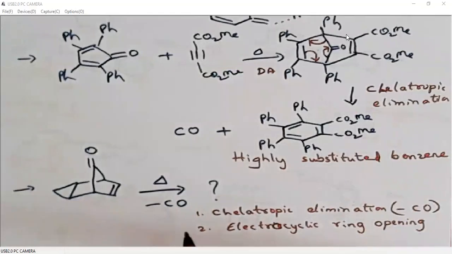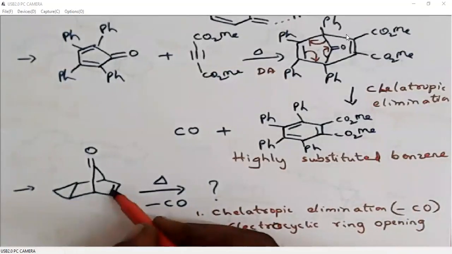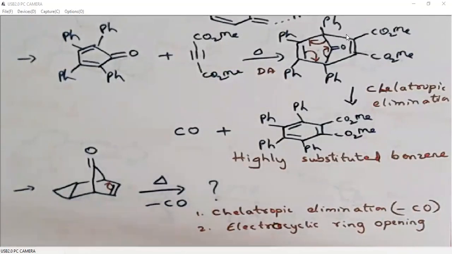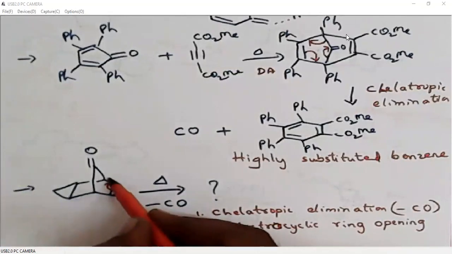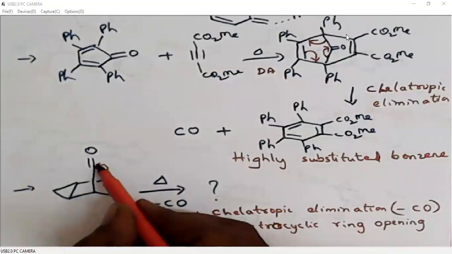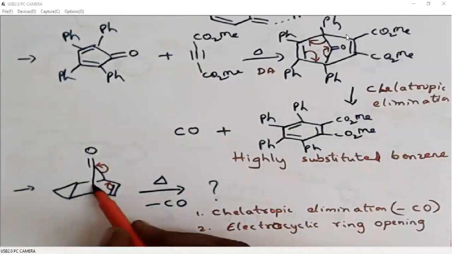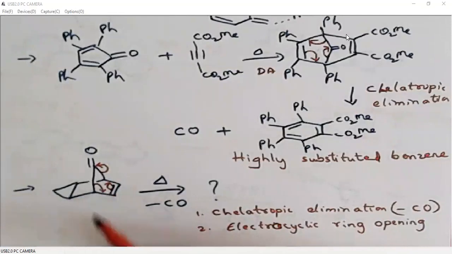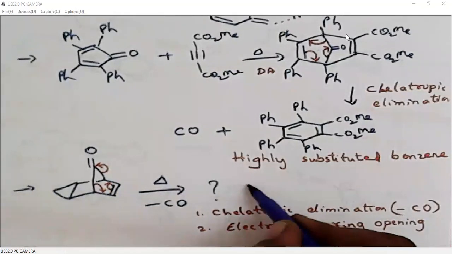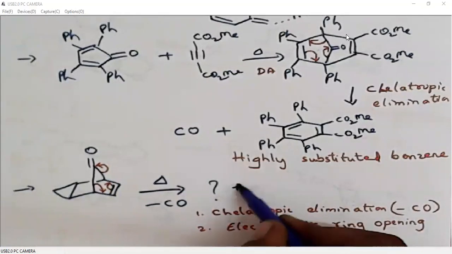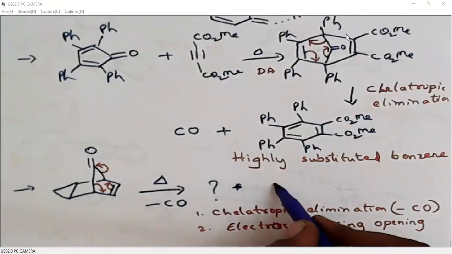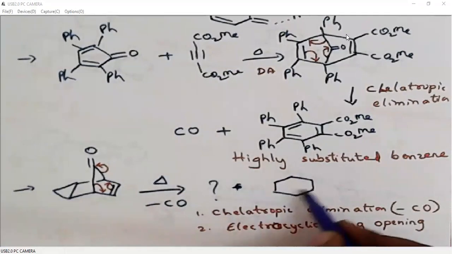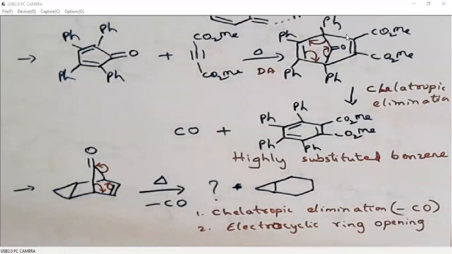Now, in the first instance, when this double bond is pushed towards the carbonyl, this carbon-carbonyl bond will break down, and this carbon-carbonyl bond will also break down, and it will be polarized like this. So in the first case, we will get carbon monoxide as well as a fused system where we have 2 pi bonds.